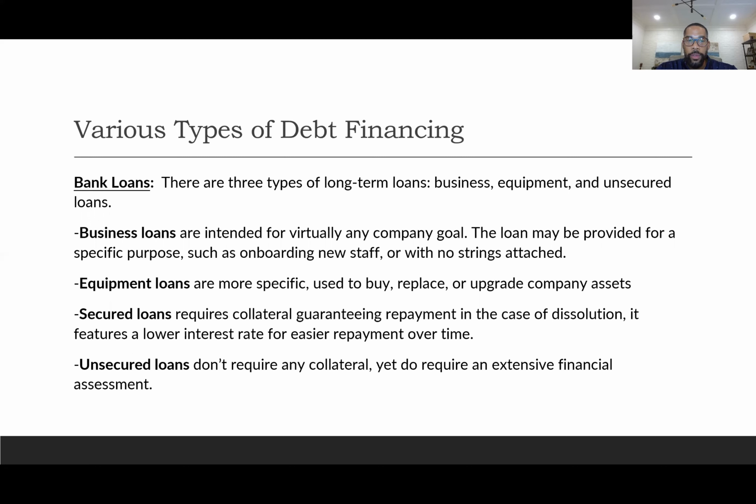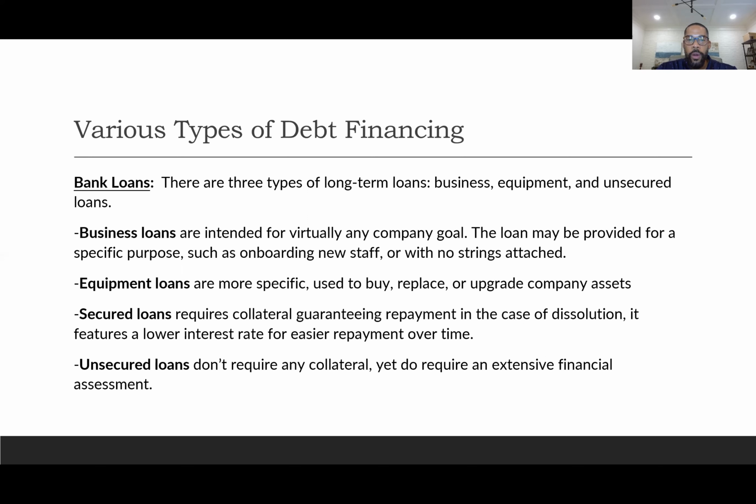So let's look at some of the various types of debt financing. You have bank loans, okay? There are three different types of bank loans. You have long-term loans in business, equipment, and unsecured loans. Secured loans in business equipment goes without saying, which is why that fourth category of secured loans is not there. Business loans are intended for virtually any company goal. The loan may be provided for a specific purpose, such as onboarding new staff, or with no strings attached.